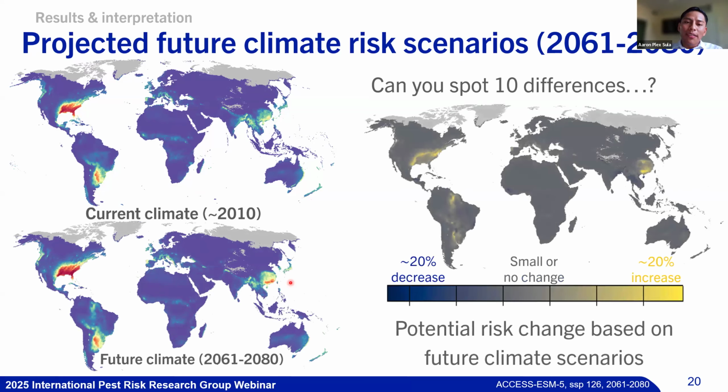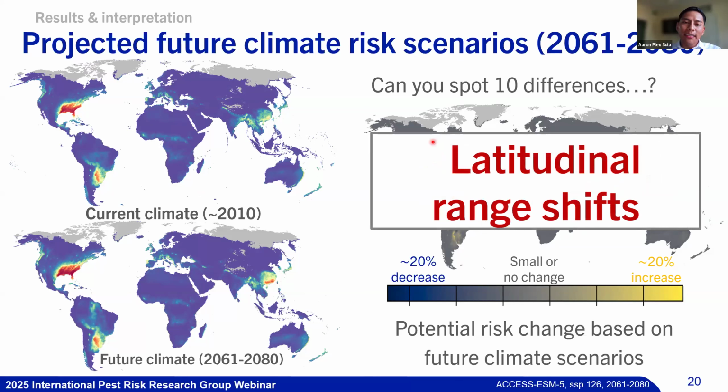For example, locations north of the United States and also the northern part of Southeast Asia and some regions in South America are likely to change and increase in invasion risk for this pathogen. And this is something that the literature has highlighted as latitudinal range shifts for pest species.